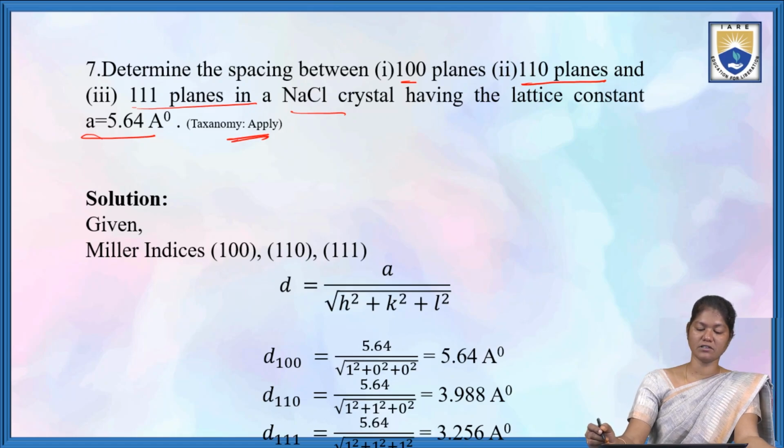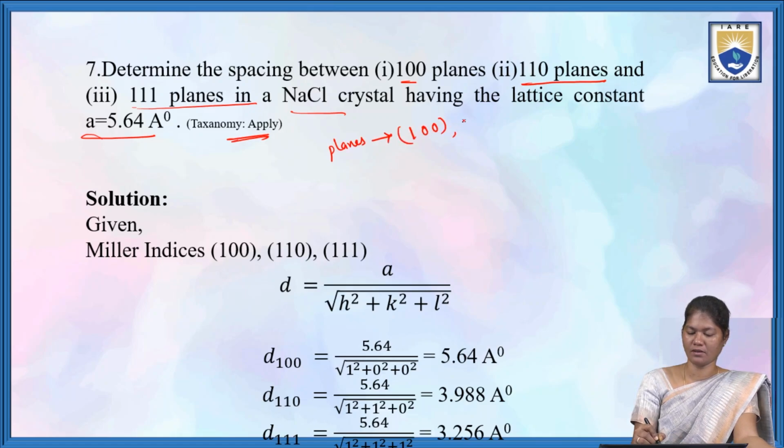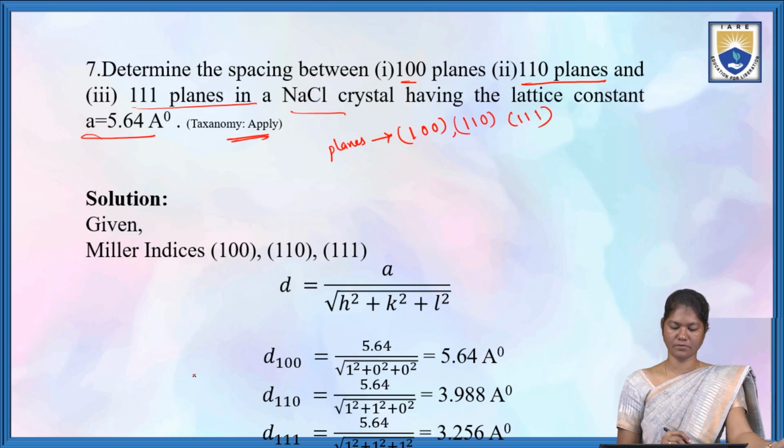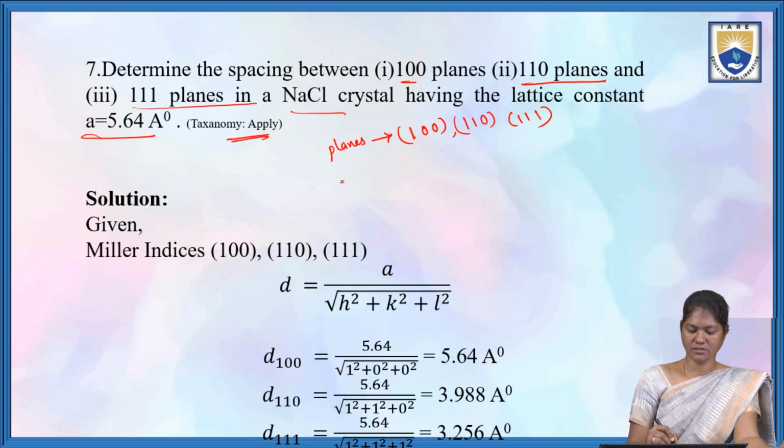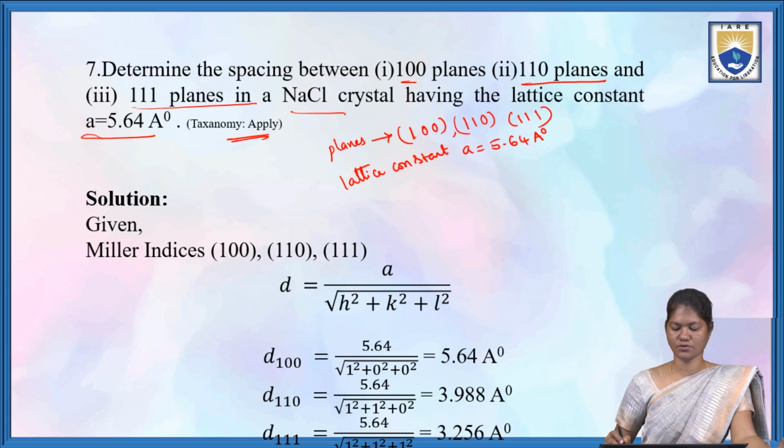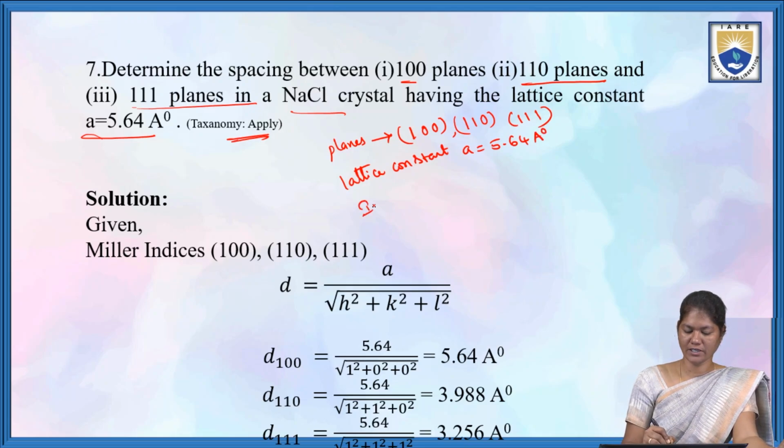So we have to determine the spacing between the planes 100, 110 and 111. The lattice constant a is 5.64 angstroms, so we need to calculate the interplanar spacing.